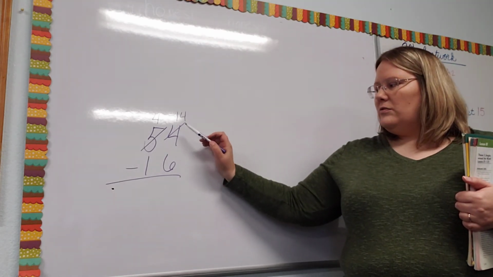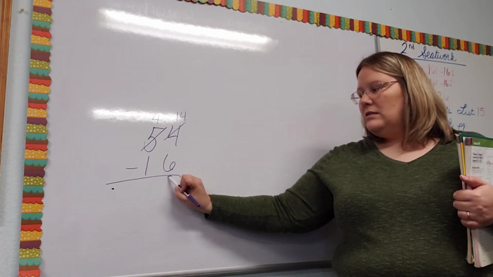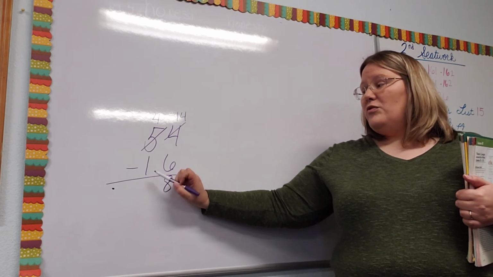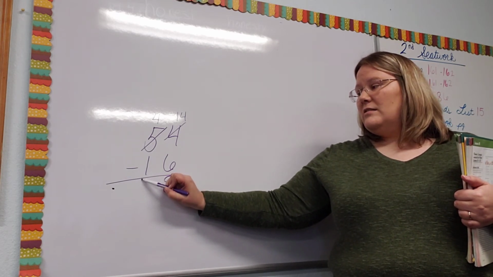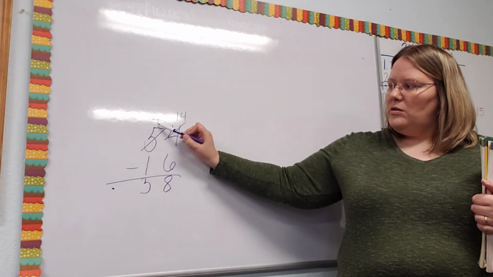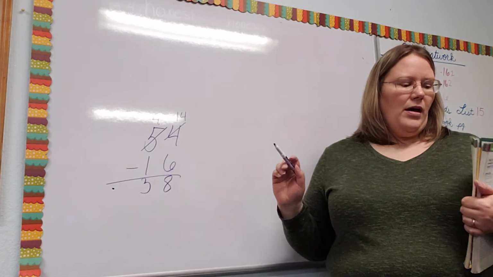Okay, and then subtract. 14 minus 6 is? 8. 4 minus 1 is? 3. Make sure you're not doing 5 minus 1. We're doing what we wrote up there in the box.